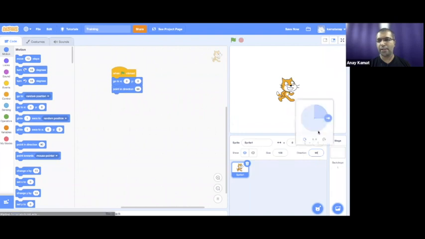How do I know? I can click on the direction part here, and I can see 90 means forward. Similarly, 0 means up. You can see the value changing below, and the arrow pointer. 0 means going up, 90 means going right. You can use this as a reference to learn more about it. And that's exactly what we are saying, point in direction 90.